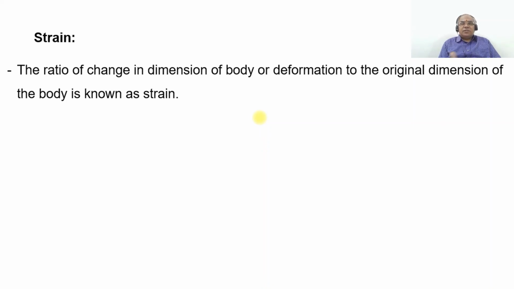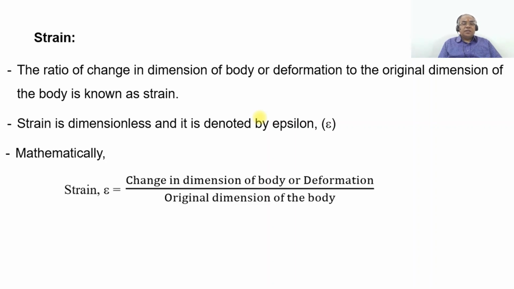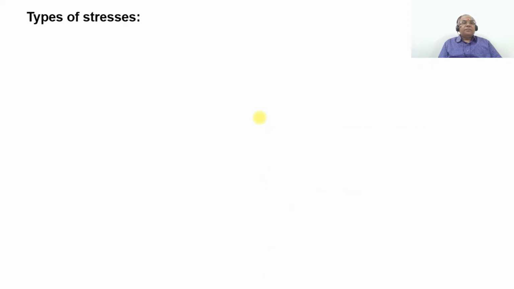Of course, strain is dimensionless and it is denoted by epsilon. Mathematically, strain will be equal to the change in dimension of the body or deformation divided by the original dimension of the body, which is delta L by L.